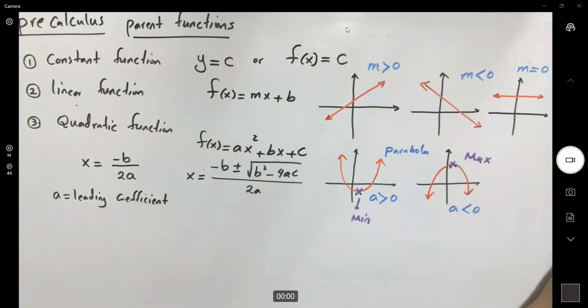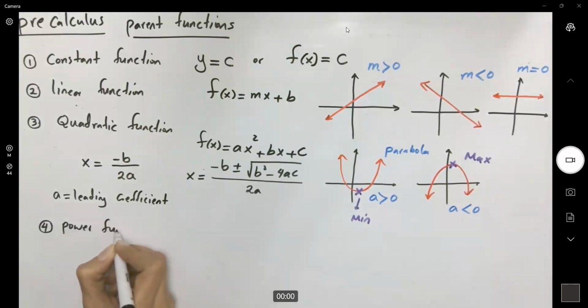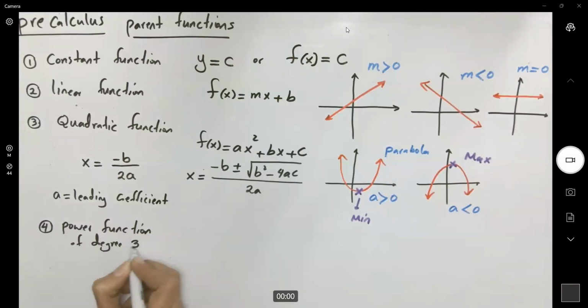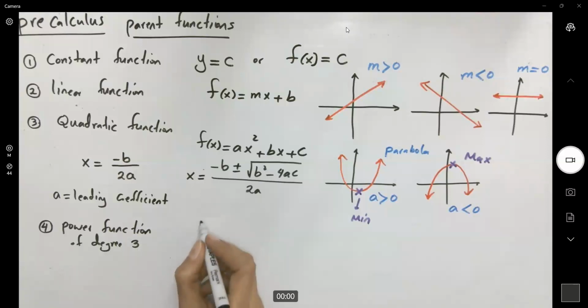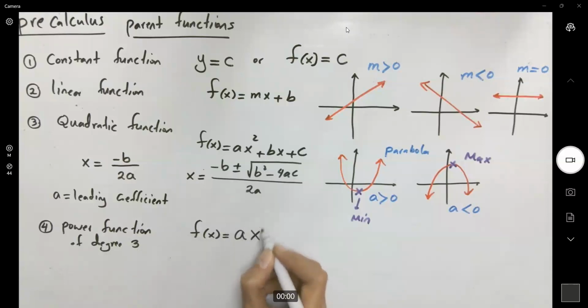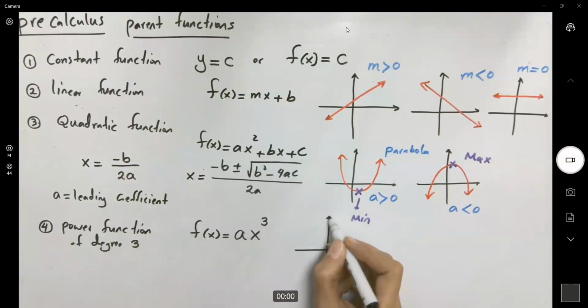Very well. The next function that we're interested in working with is called the power function of degree 3. So if we have a power function of degree 3, we can denote that this way. f of x is equal to ax to the third. If you have a power function of degree 3, the behavior of the graph will be like this.